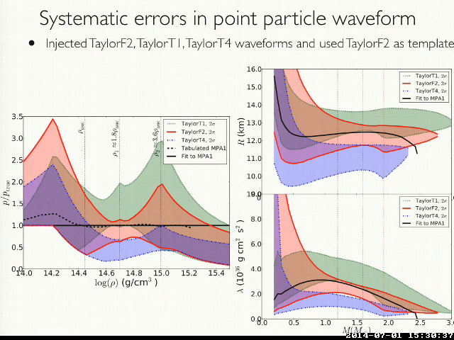I know that's been done for injections, exactly what you've done, injecting F2 or T2 and recovering with another one, and it tells you very positively which is the right model. I don't know the answer here as to whether it would be as powerful with the extra tidal parameter space as well. But I wouldn't be surprised if it told you specifically which one of the models is far better than the other models if you looked at the Bayes factor.